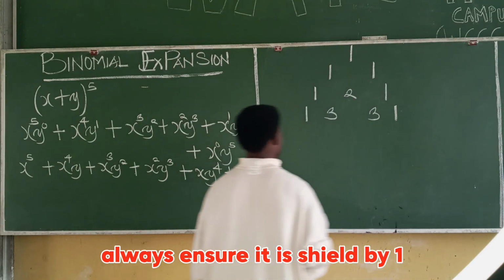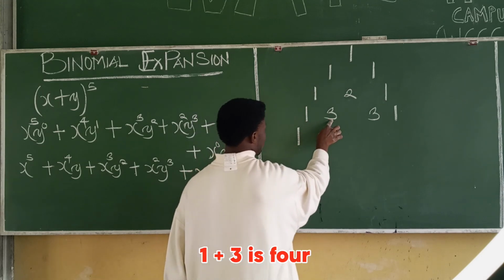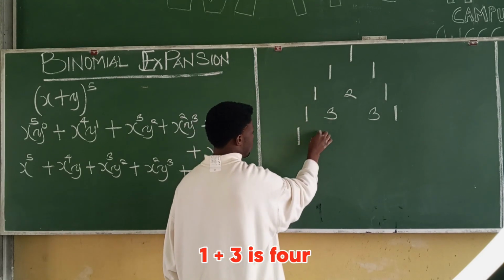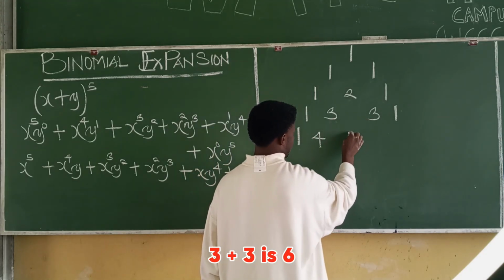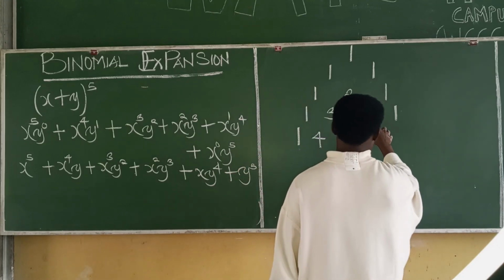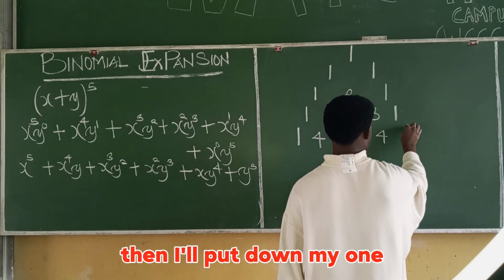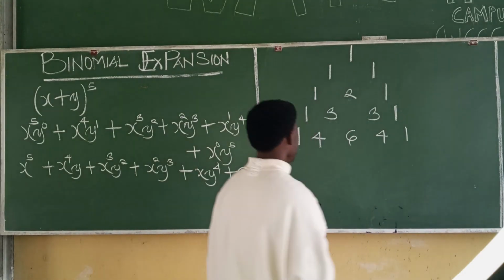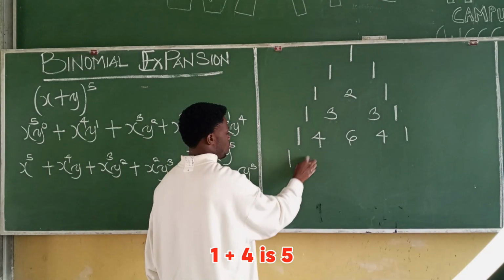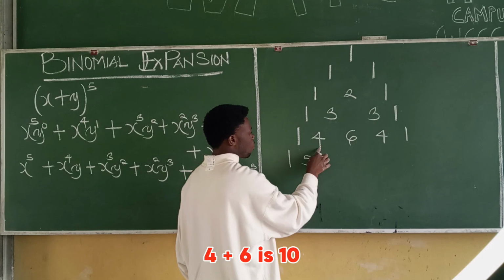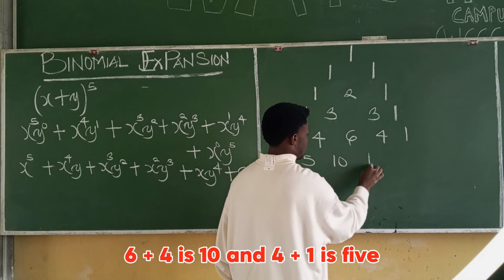Always ensure it is bordered by 1. Again, I'll write my 1. 1 plus 3 is 4. 3 plus 3 is 6. 3 plus 1 is 4. Then I'll put down my 1. Again, 1. 1 plus 4 is 5. 4 plus 6 is 10. 6 plus 4 is 10.